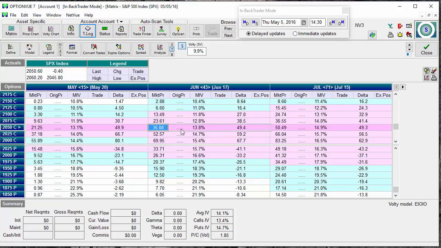If this is, say for example, 38.50, and let's say this is 49, well, if I execute this trade and those are my fill prices, and I went right into the market and reversed that trade, you'll see I make a fairly good return because of the pricing. I got a very good price on both options.